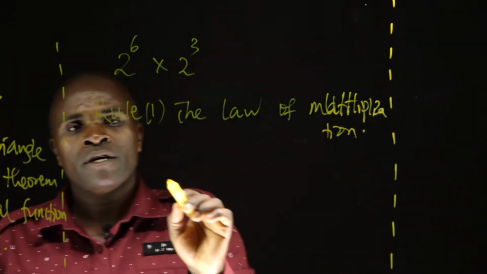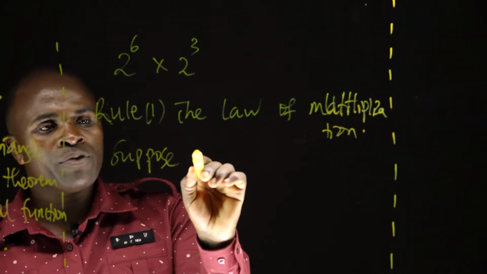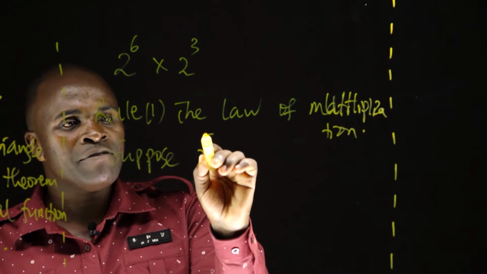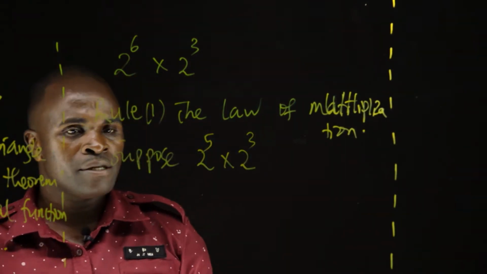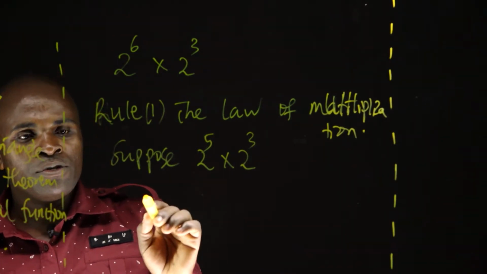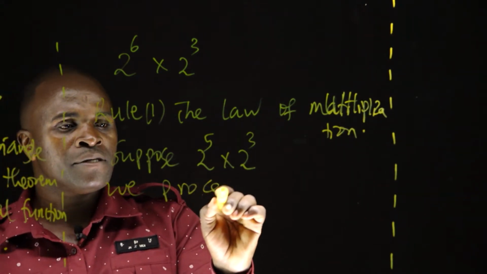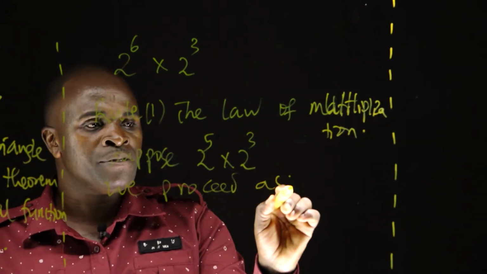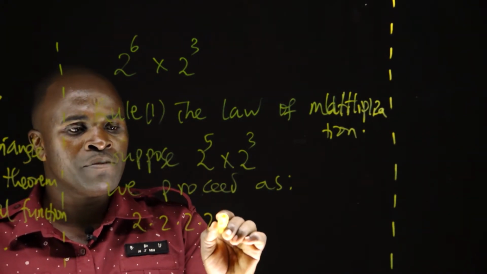Here we say, suppose we have 2 power 5 times 2 power 3, let's say. One could just proceed as 2 times 2 times 2 times 2 times 2.